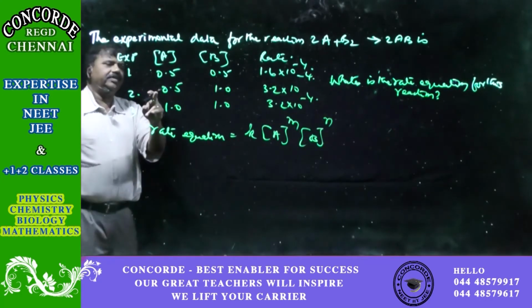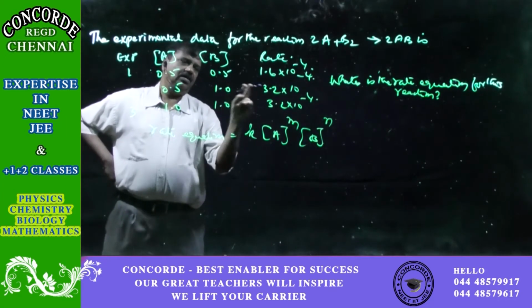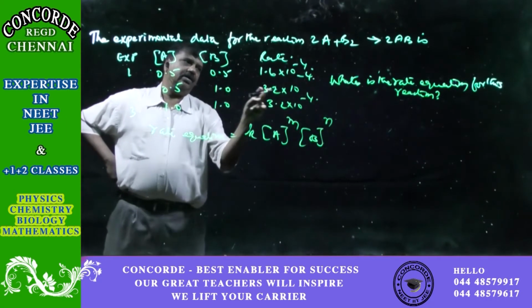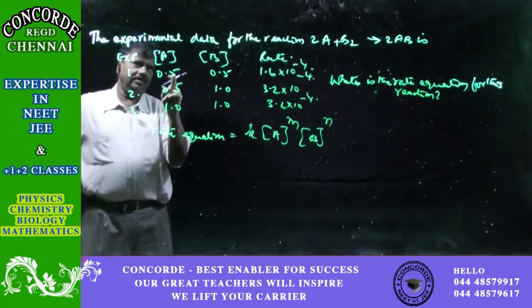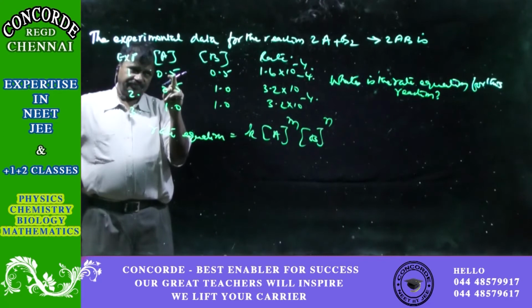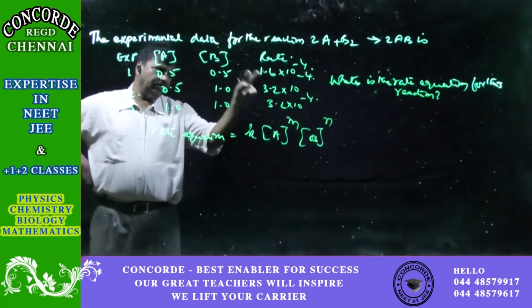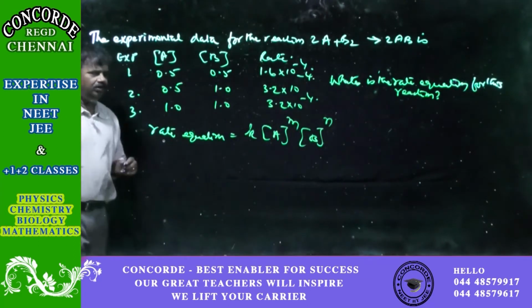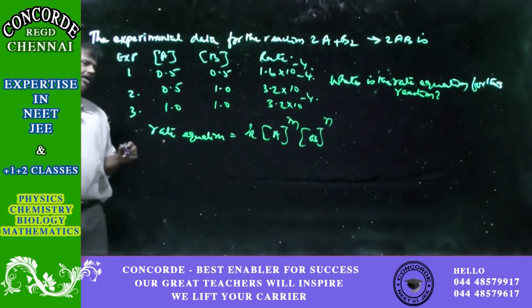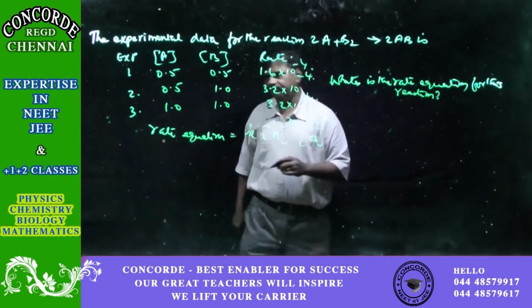In the second experiment, the concentration of B alone is changed, that is doubled, and the reaction rate changes like this. And in the third, compared to the first, the concentration of A is doubled, the concentration of B is doubled, and what is the rate? So, using these equations, let us find what m and n are.